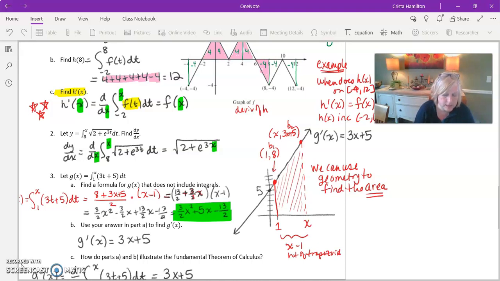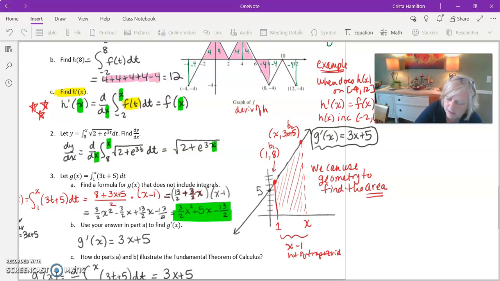So the first thing that we did in number 3, it just asked you to find a formula for g that did not include integrals. And one of the things that you would again remember is that this g is the net area under the function f of x equal to 3x plus 5. So we would take that rate function, and you'll notice that over here, I went ahead and I basically graphed my g of x, g prime of x over here.